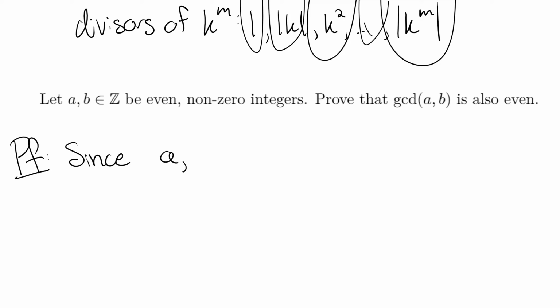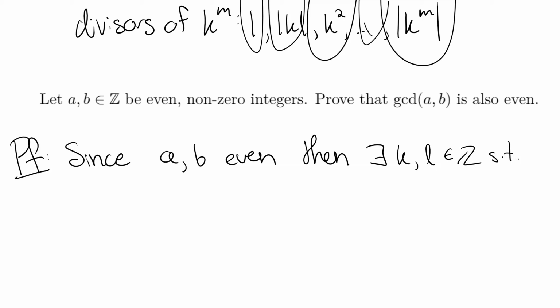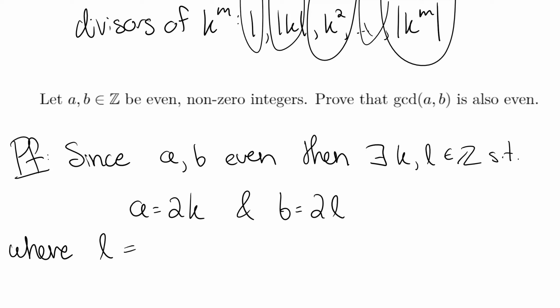Since A, B even, there exist some, let's say K and L in the integers such that A equals 2K and B equals 2L. And let's specify maybe that L and K are both not zero. Okay, all right, awesome.